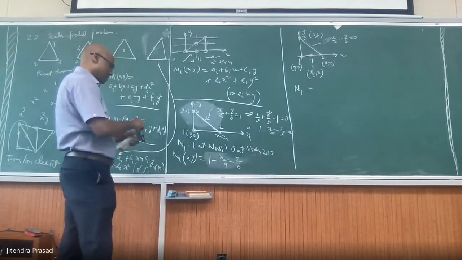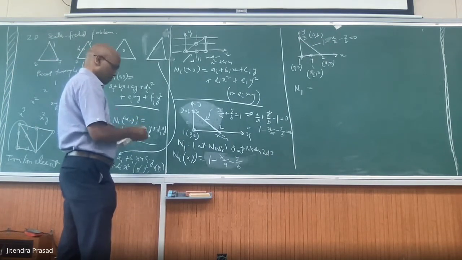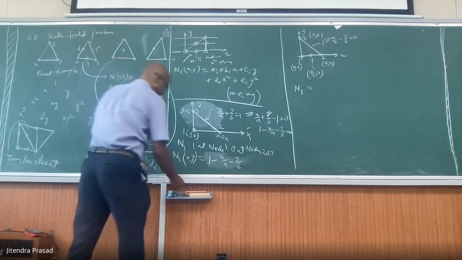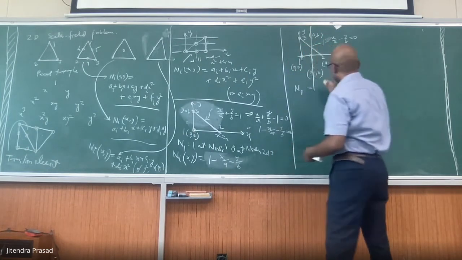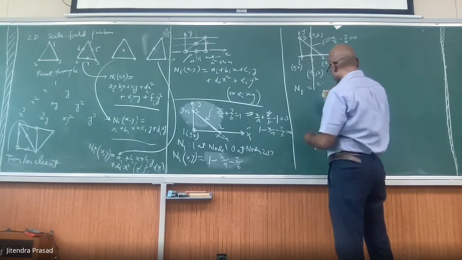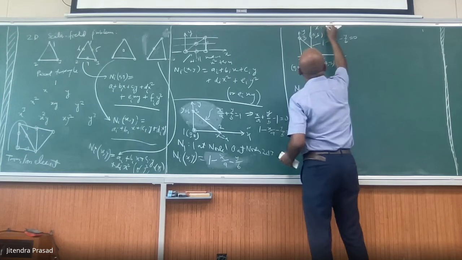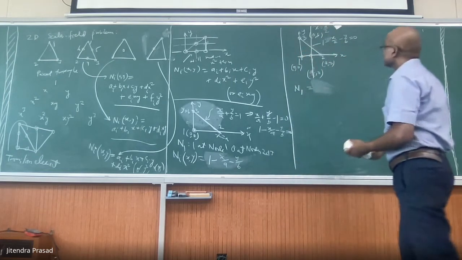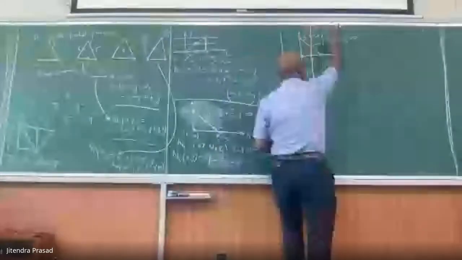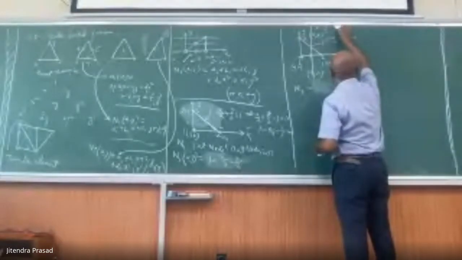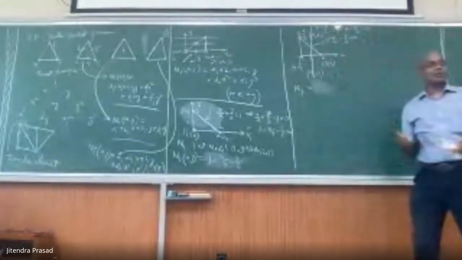One equation is that, another equation is this: x equal to a over 2. Or rather, you can also write x minus a over 2 equal to 0, right? You can also propose this way.